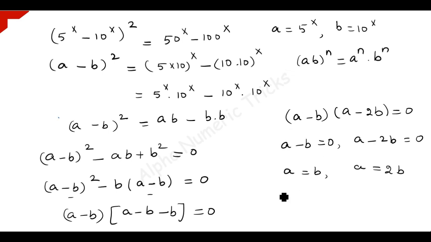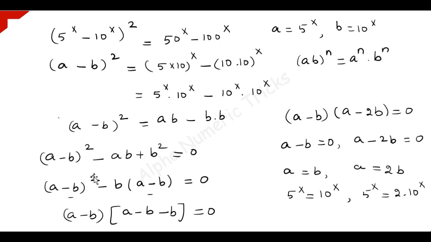What is a? a is equal to 5^x, b is 10^x, so we have 5^x is equal to 10^x, and 5^x is equal to 2 times 10^x. So we are going to simplify this.